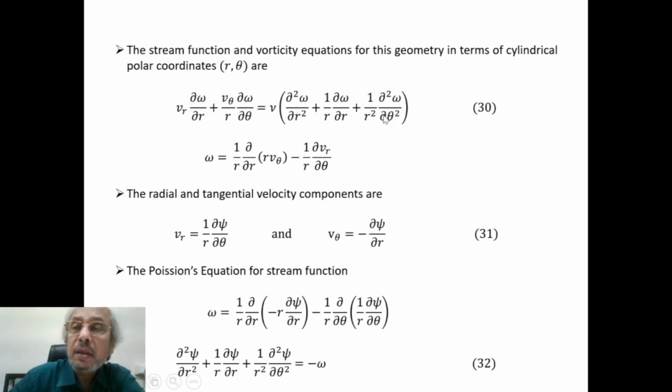In the cylindrical polar coordinate system, this is the expression for the Laplacian, that means the operator is del 2 del r2 plus 1 by r del by del r plus 1 by r square del 2 del theta 2. So here del 2 omega del r2 plus 1 by r del omega del r plus 1 by r square del 2 omega del theta 2.